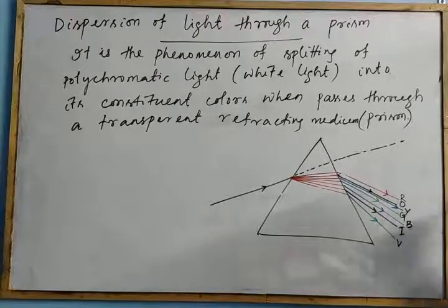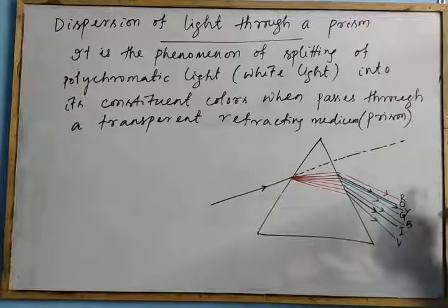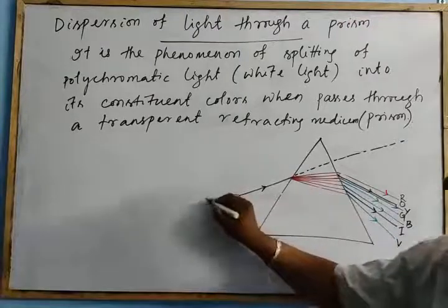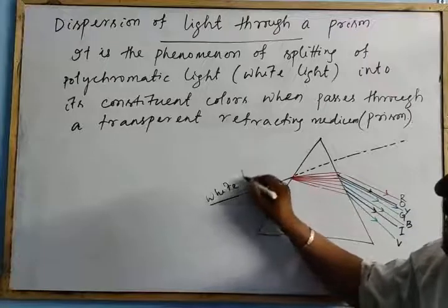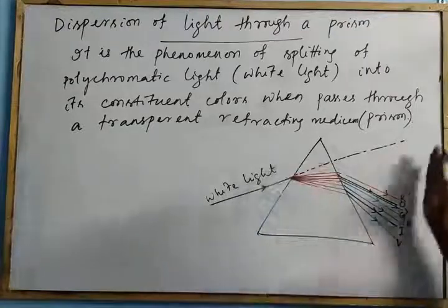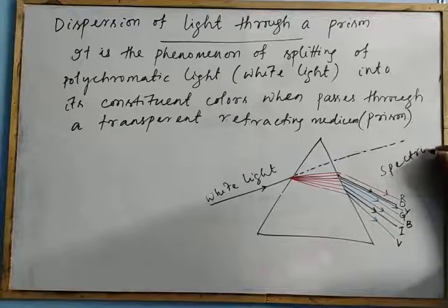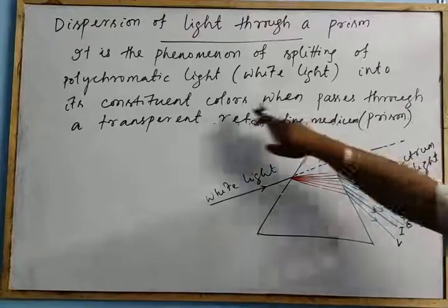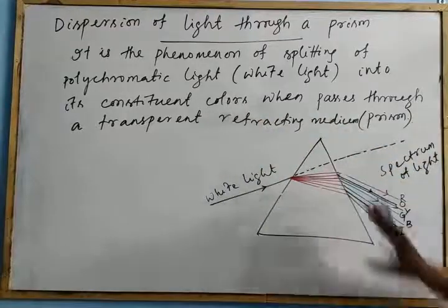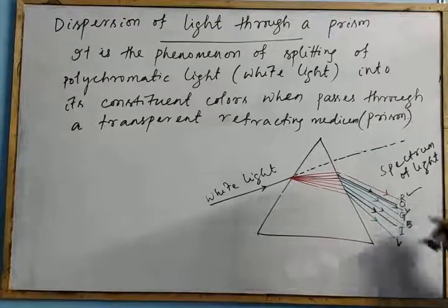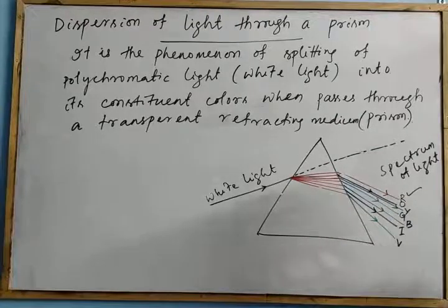This is the red. V, I, B, G, Y, O, R. These are the 7 colors. So this is the white light, and when you place a screen, this is called the spectrum of light, the constituent colors. So that occurs. When you see that, the red color is at the top and the violet color at the bottom.